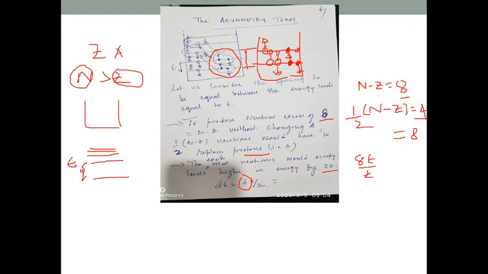Or if this is equal to 2, let's say, then each nucleon will increase its energy by 2 epsilon by 2, that is epsilon. This is very clear.